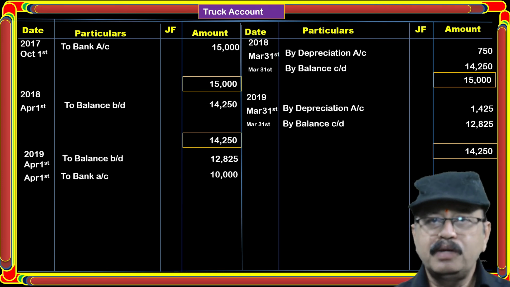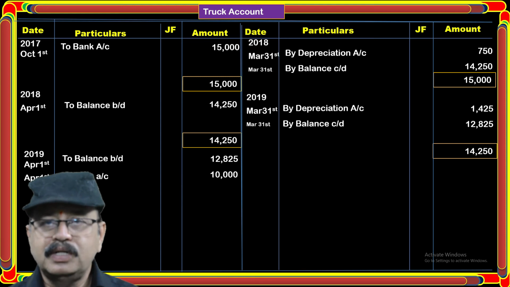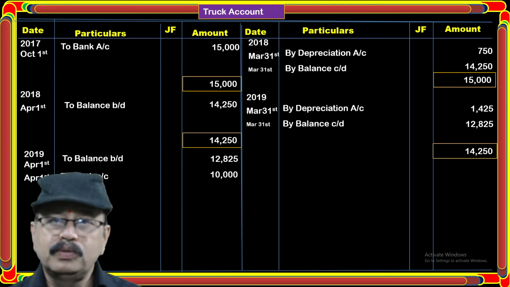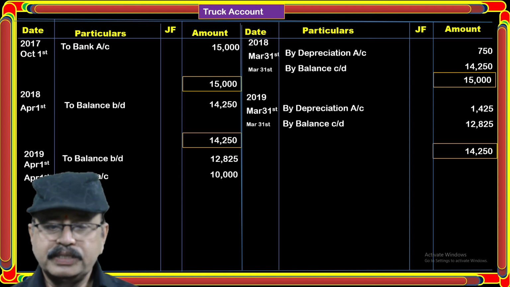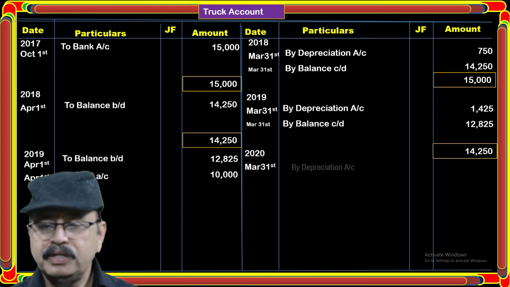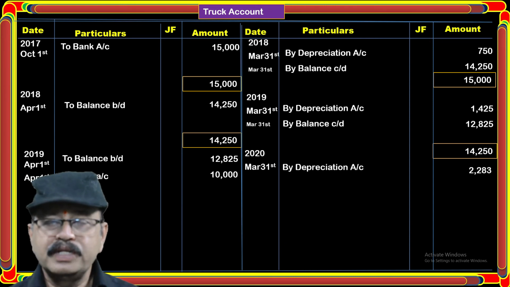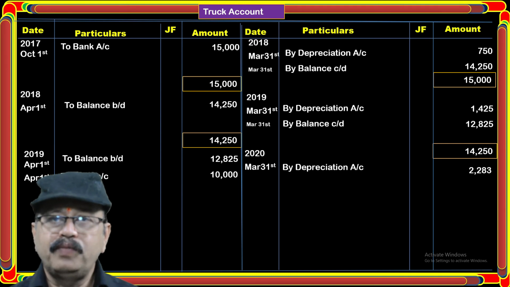You can show the depreciation separately for the first truck and the second truck, or you can add the 2 trucks' depreciation and show it directly. So on the credit side, 2020 March 31st, by depreciation, 2,283, this is the depreciation on the first truck and the second truck also.